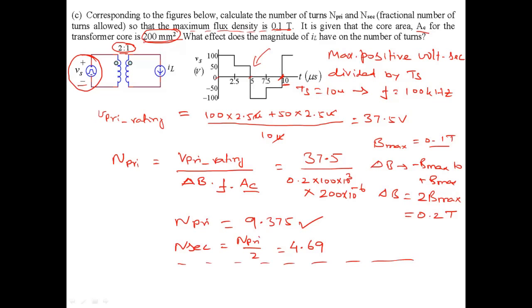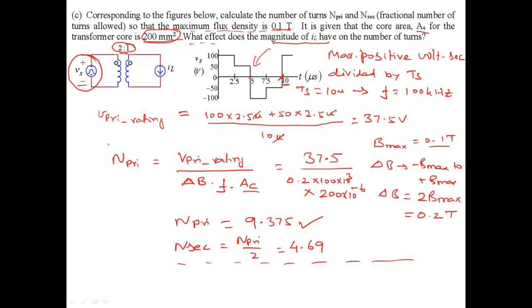There is another question asked: what effect does the magnitude of IL have on the number of turns that we just calculated? These are two totally independent requirements. The current determines the area of copper needed, wire gauge, and so on, but it has no influence on the number of turns.